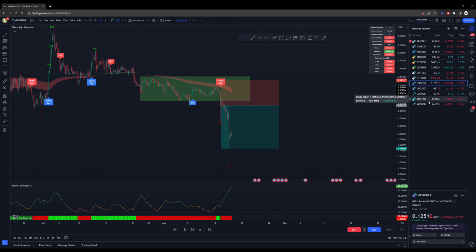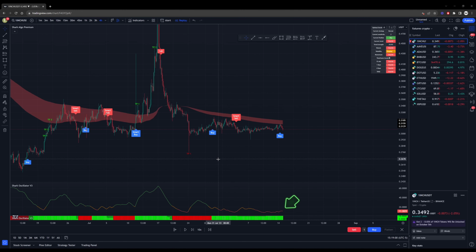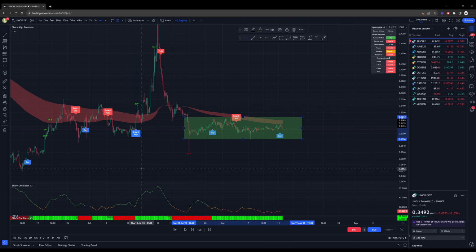Okay, so here's another example. Again, the first thing we want to do is take a look at the Shark Oscillator down here at the bottom. We see that the line is red. Next, we want to draw up our area of consolidation. We can see that this area here is the area of consolidation that price has failed to break multiple times. Next, we want to wait for a sell signal because we have a red trend cloud and red on the dashboard.